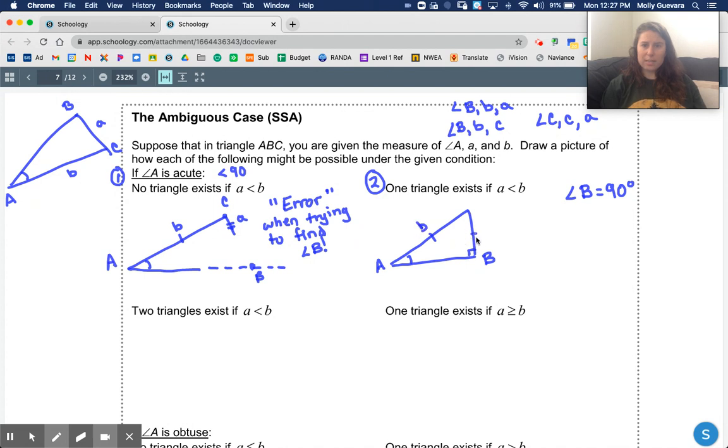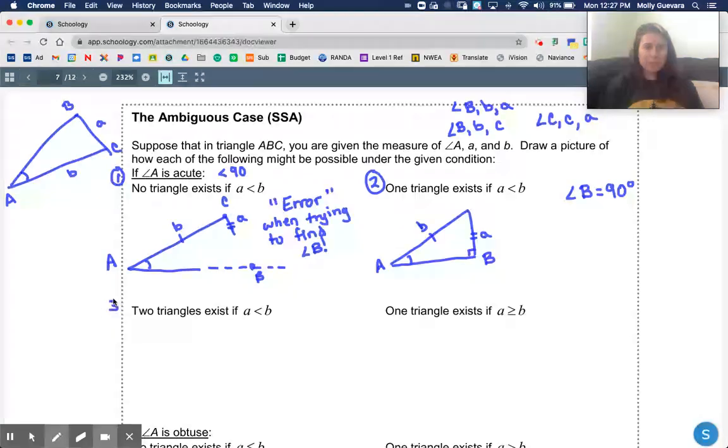And that's okay. And side A is still less than side B. So if you solve and you get angle B as 90, then there's one triangle. And you just keep solving for angle C, then side C or whatever. You just keep solving like normal.